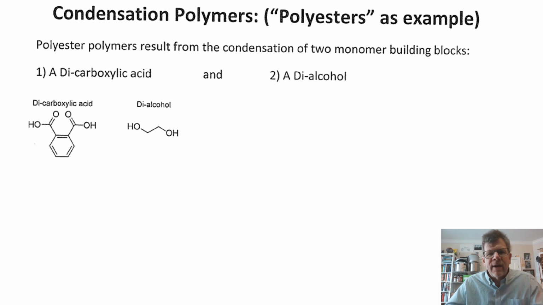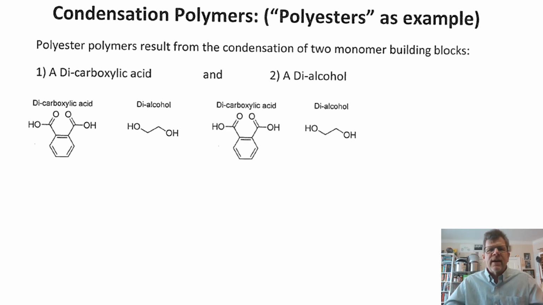And we can set these up, if you will, in sort of a line. And basically all this would entail would be taking equimolar amounts of our dicarboxylic acid and our dialcohol and mixing them together. And notice that if we mix these together under conditions of catalytic acid and heat, well, here's a carboxylic acid and an alcohol.